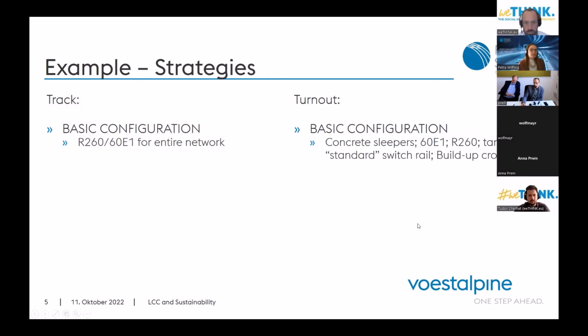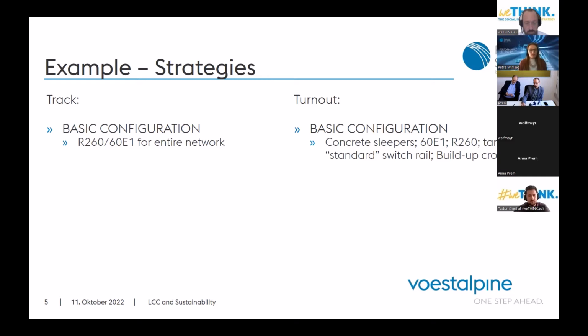How we can support our customer: we are calculating or comparing different strategies. That means in this case, we have chosen 3 strategies to show you how the tool is calculating. So we define the different strategies with our customer, what would be possible to use, and then show the differences of those strategies.